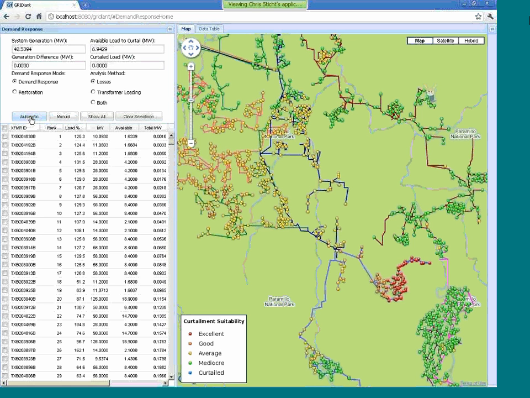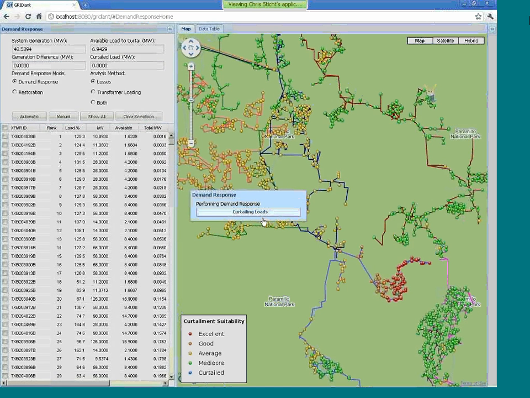So rather than monitoring at the customer level, we're still curtailing at the customer level, but we're going to monitor at the generation level. We will curtail enough load to reduce generation by 1 megawatt, rather than just curtailing 1 megawatt of customer load. Again, it's doing its number crunching.